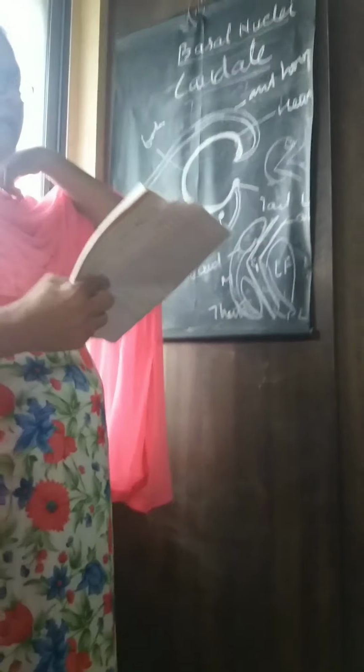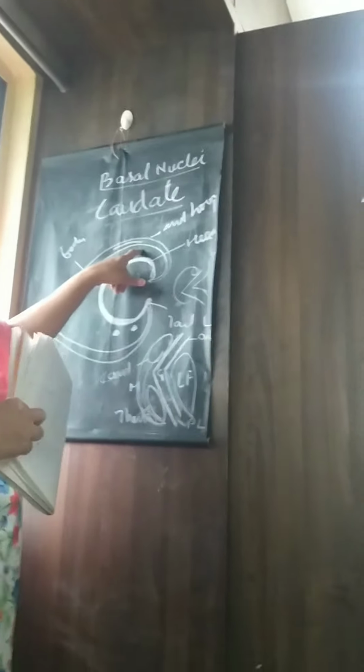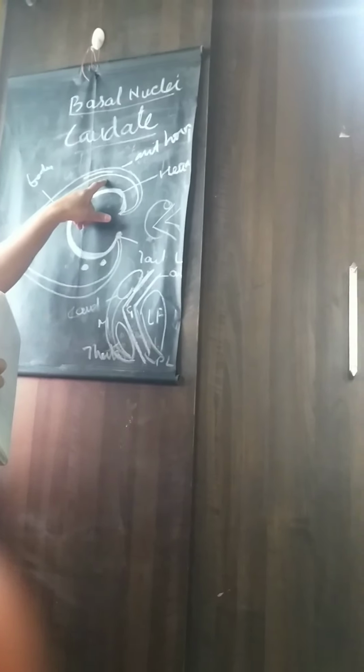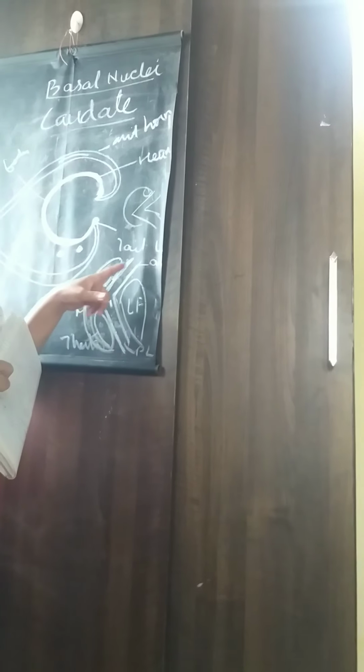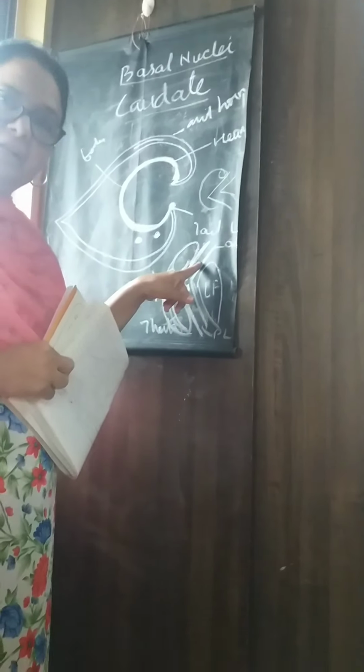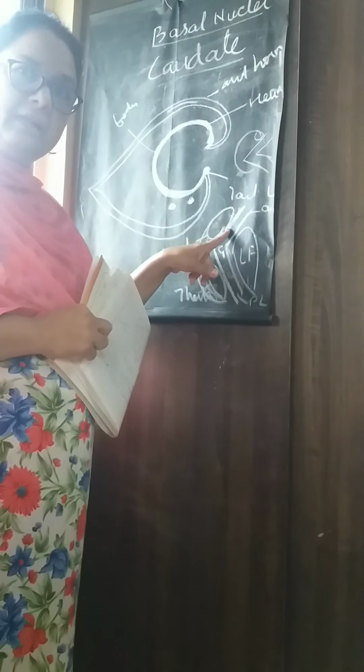So to repeat again, the head of the caudate nucleus forms the floor of the anterior horn of the lateral ventricle, and it forms the medial wall of the anterior limb of the internal capsule.